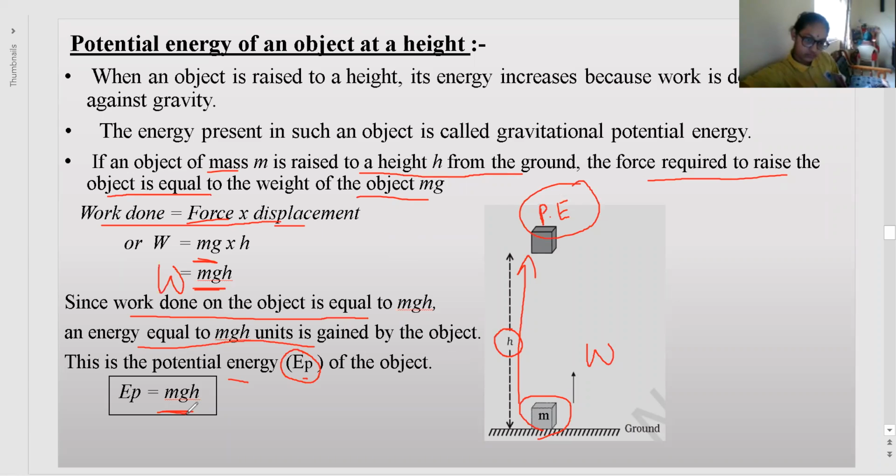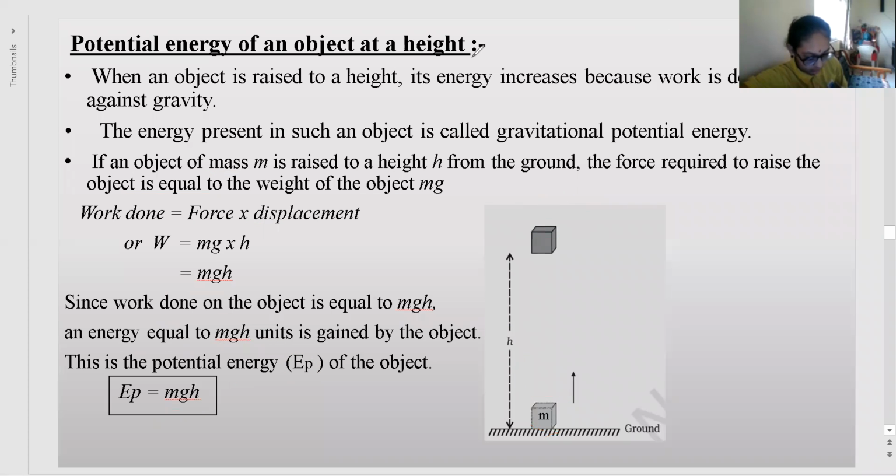So this is the second formula that we have learned, that is E equals mgh. It is the formula of potential energy, and for kinetic it was half mv square. Okay, so this is the derivation of the formula of potential energy. Hope it's clear to everyone. Is it clear? Yes, sir.